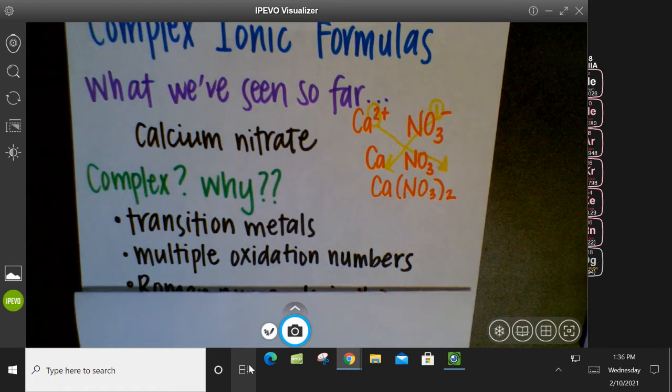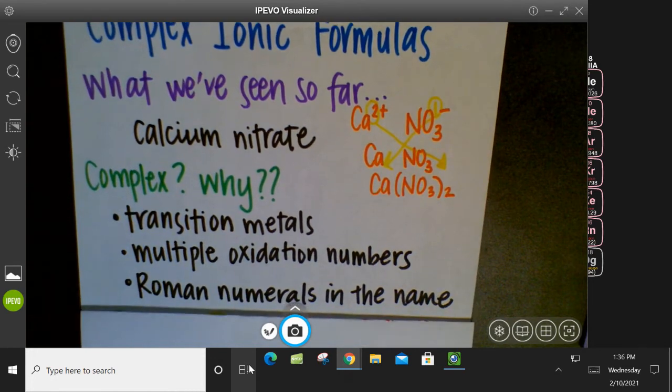Well, the complex ionic formulas are made up of your transition metals. These are formulas that have elements from groups 3 through 12 of the periodic table, as well as 2 elements from group 14, which would be lead and tin.